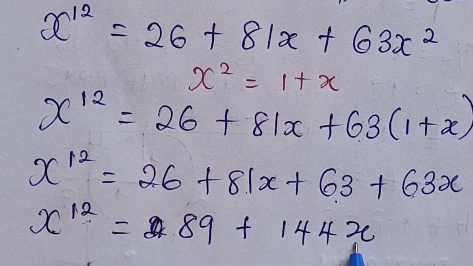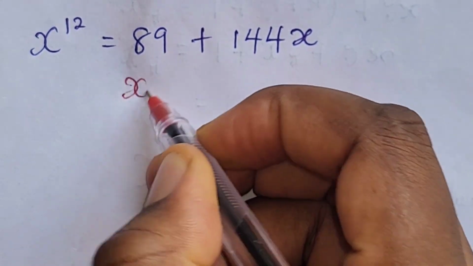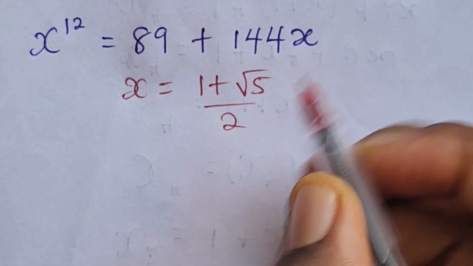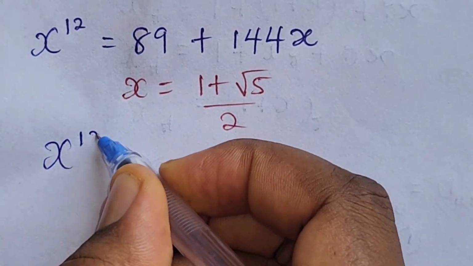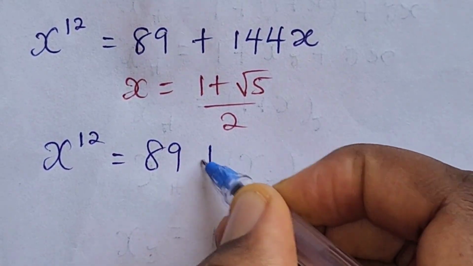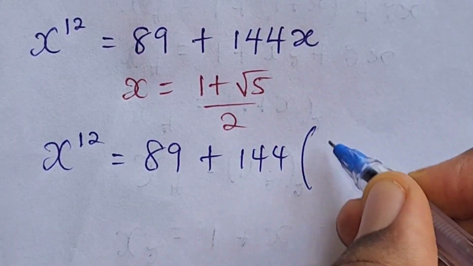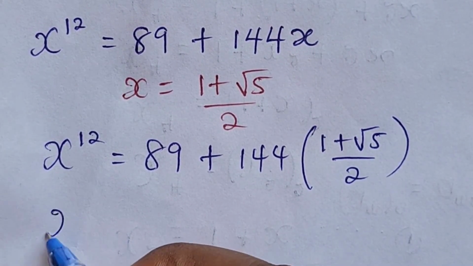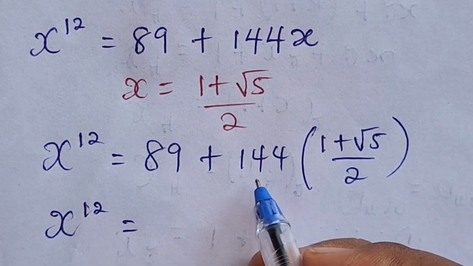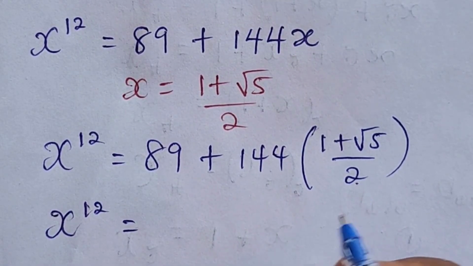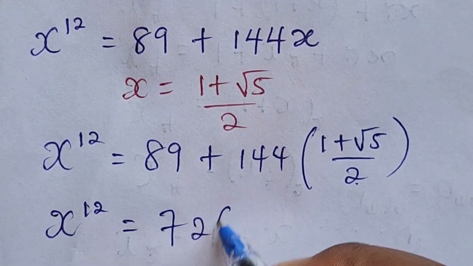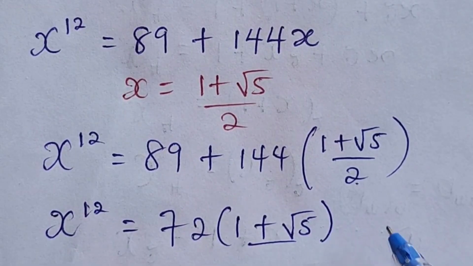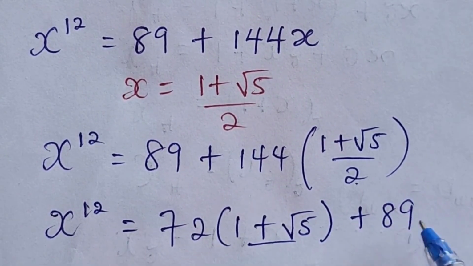So we'll input the value of x here. Since our x is equal to (1 plus root 5) all over 2, x to the power of 12 is equal to 89 plus 144 times (1 plus root 5) all over 2. So our x to the power of 12 is equal to, we can divide this to have 72 times (1 plus root 5), plus 89.